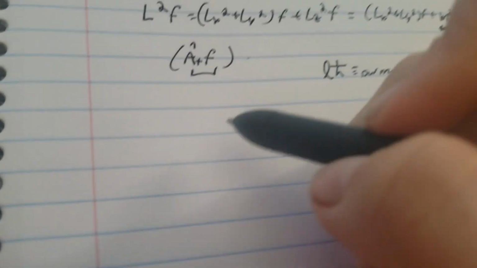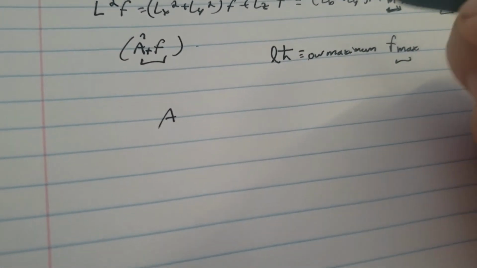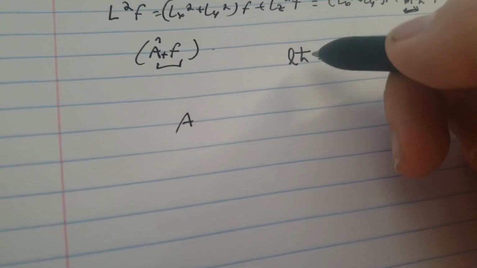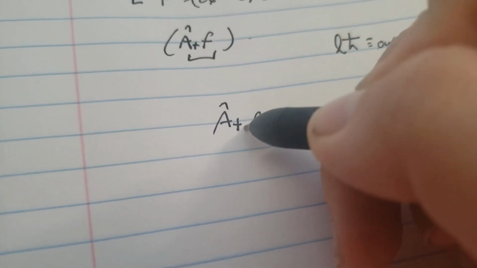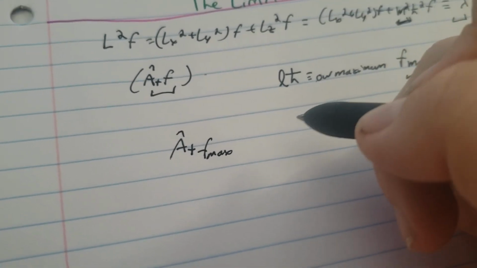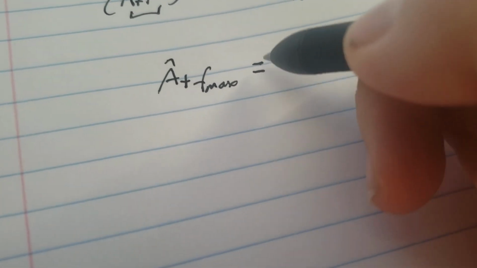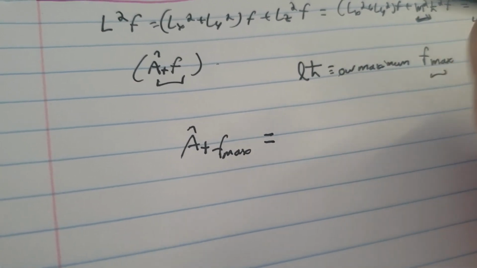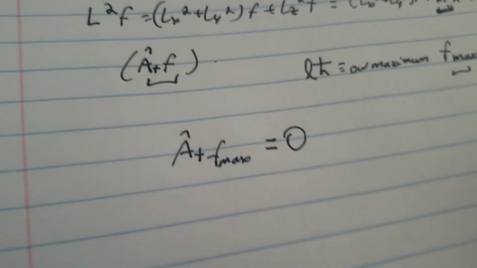Due to our probability interpretation, the state with Lz higher than l h bar is A plus acting on f max, and it should have 0 probability. Our states are probability amplitudes, so we need our state with Lz greater than l h bar to be 0. So we have this equation here.